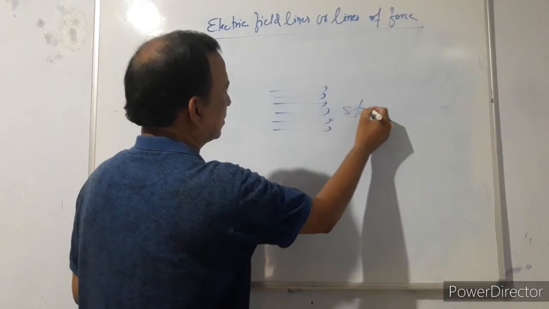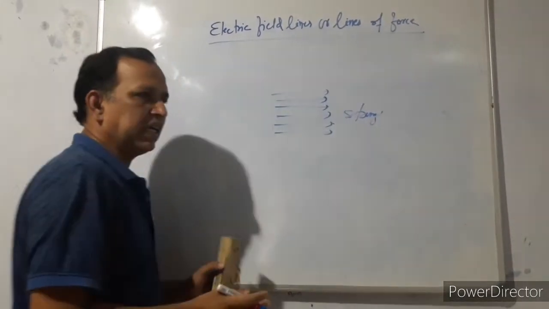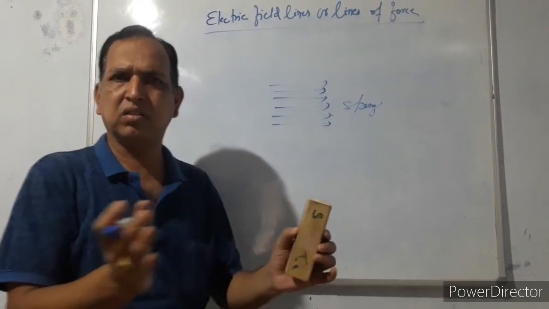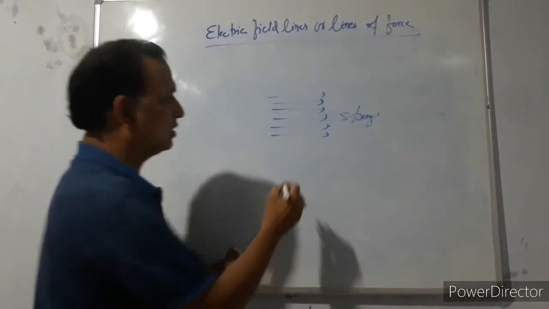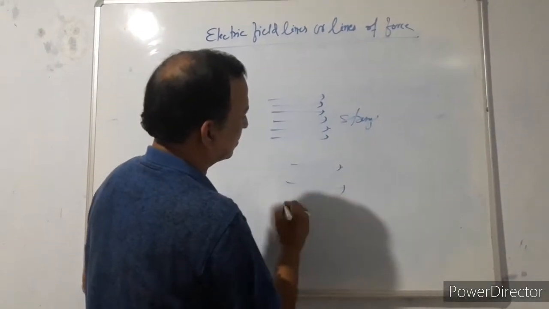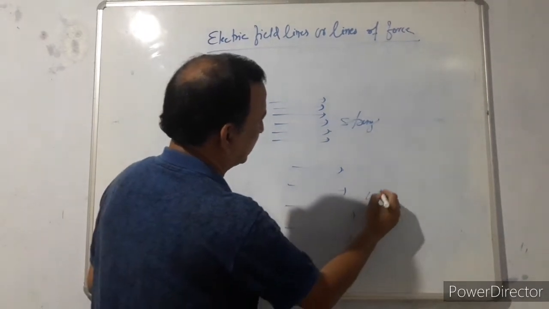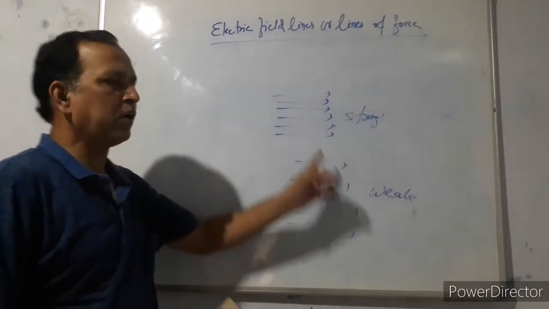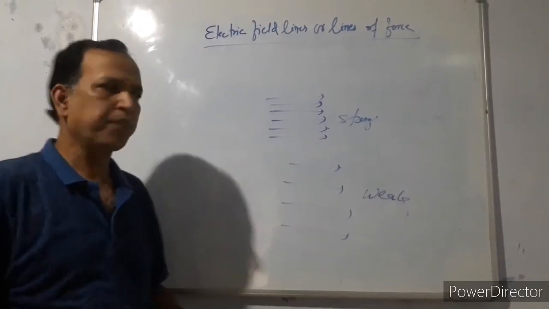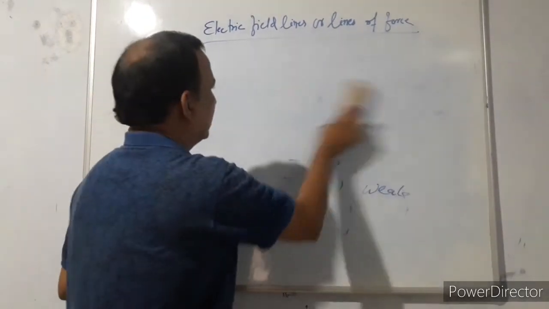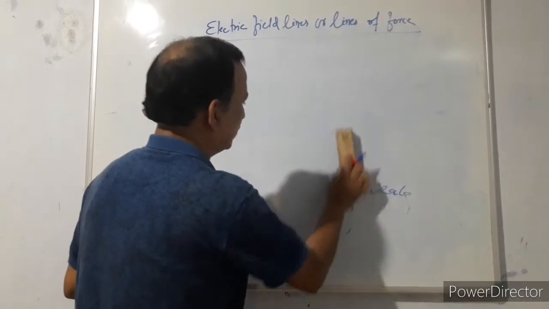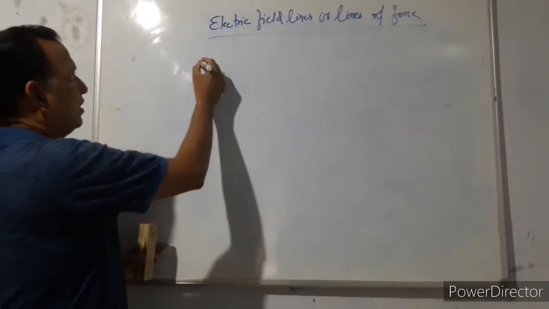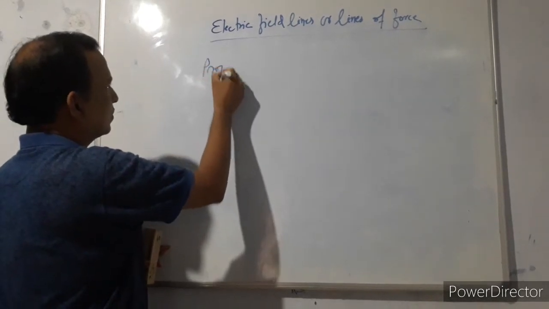If the lines of force are fewer, not very close, far apart, like this, it is a weak field. Strong field and weak field. Clear? Then properties of the lines of force.